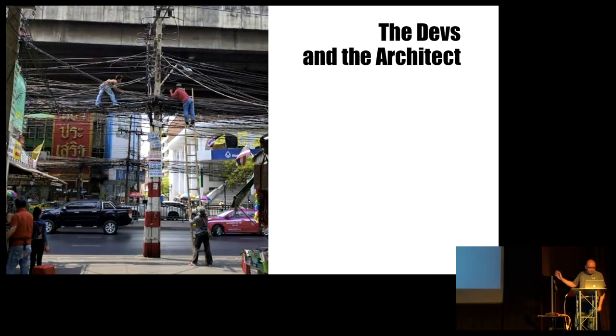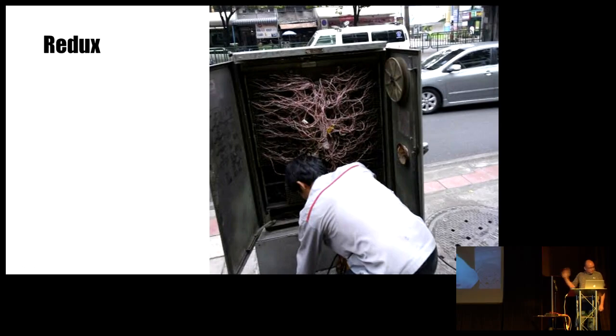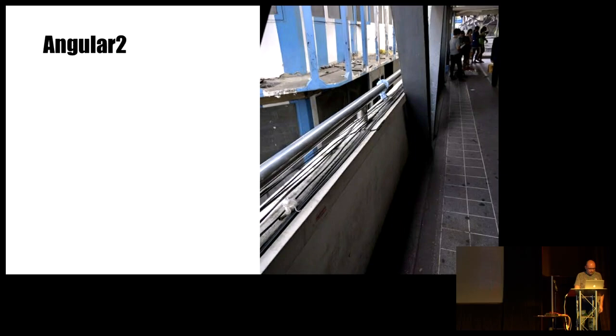I did find the devs and the architects working on those wires. I found Redux. This guy is really smart. He said, hell with that, I'll just contain it here in that little box. I also found Angular. You have to build this big bridge just to lay out a few wires.